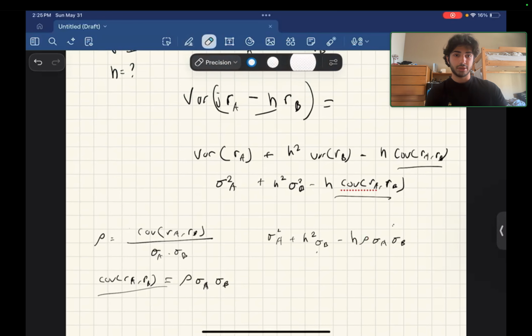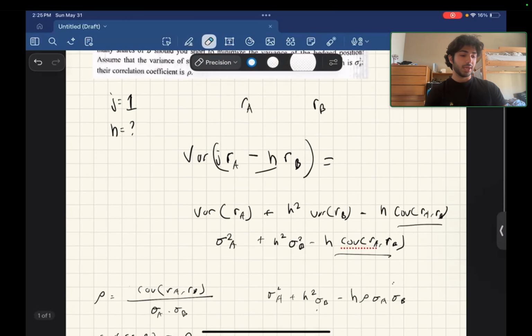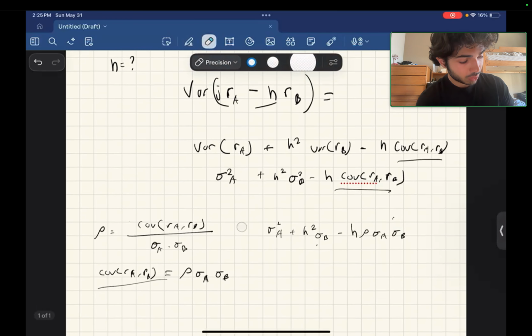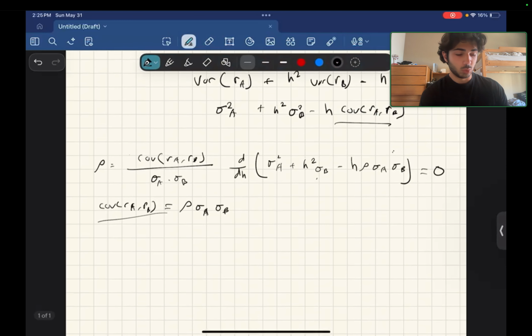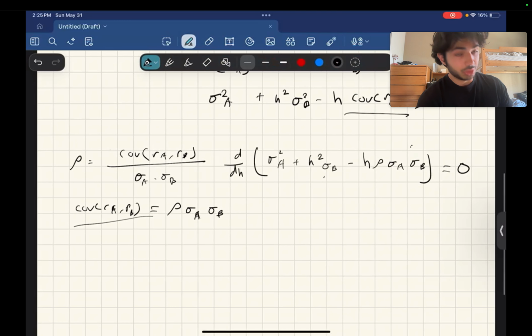Our only variable here is H, so we take the derivative with respect to H of all of this, and set it equal to 0 to find some sort of plateau, where the derivative is equal to 0.